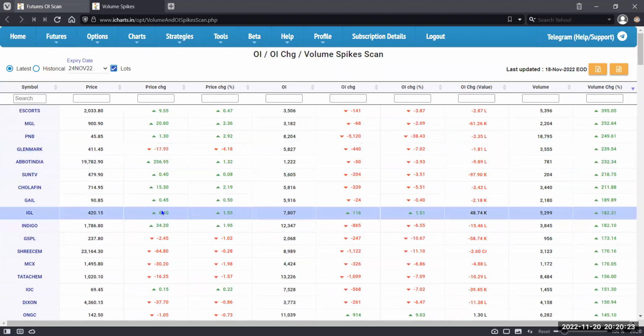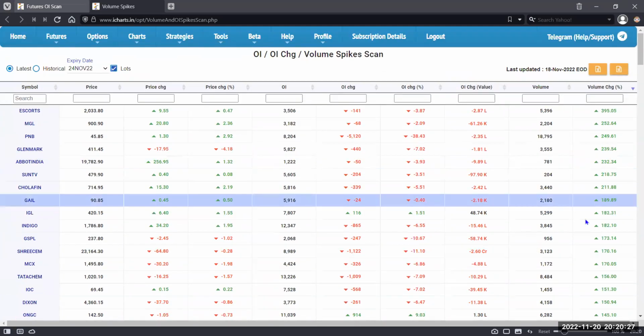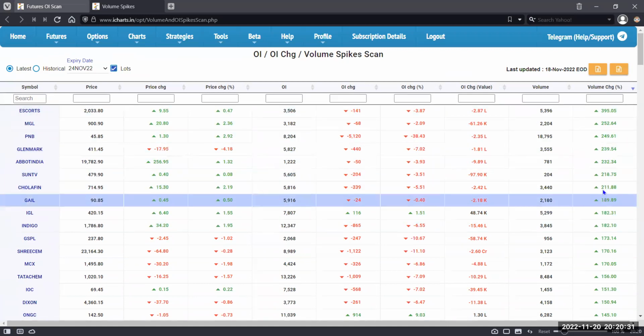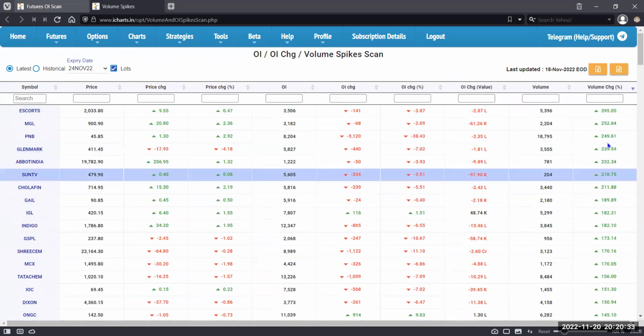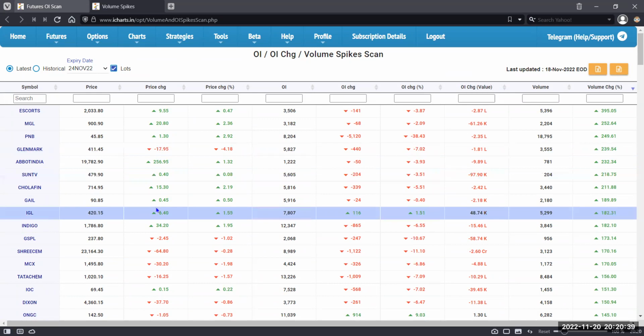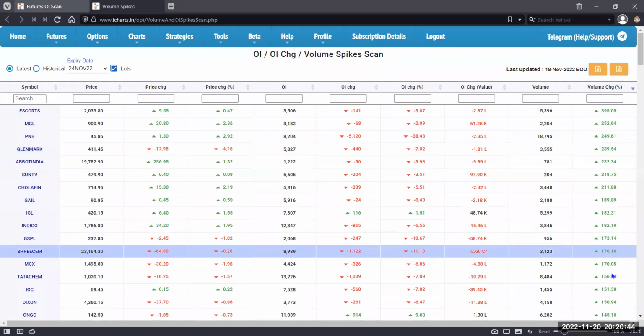Once the day is over, this will give you a quick idea of what kind of volume has come into the market and which side the volume has gone into. Many times you will see that the market has moved to one side, but there is not significant volume. You have to see lots of scripts more than 100%.